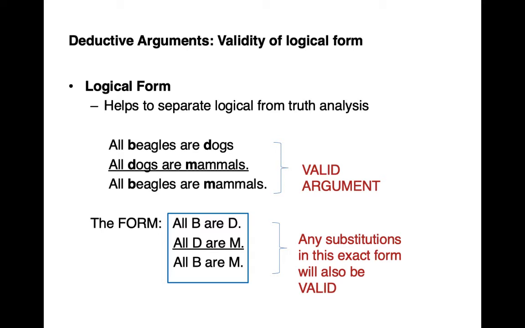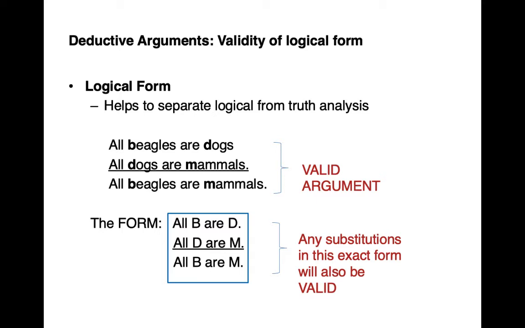So let's take a close, careful look at the logical form of a deductively valid argument. What's new here is I'm going to use arbitrary letters as symbols for the parts of arguments. It's easier to extract the form, the pattern, and then look at that pattern and ask ourselves whether that pattern can give us a false conclusion still, even though the assumptions are true.